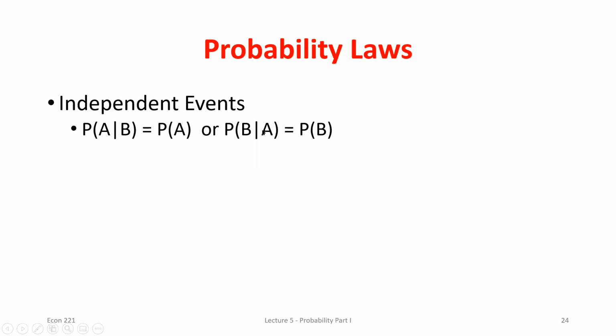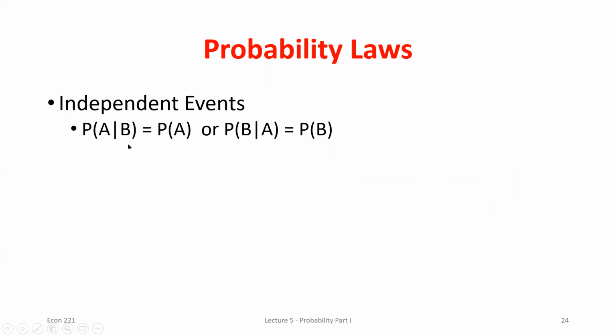So we're going to look at a definition with this in mind, which is if events are independent. We said that two events are independent if the unconditional probability of A, we're not conditioning on anything, just the normal probability of A, is equal to the conditional probability of A. We're still looking for the probability of A, but we're conditioning on this additional piece of information.